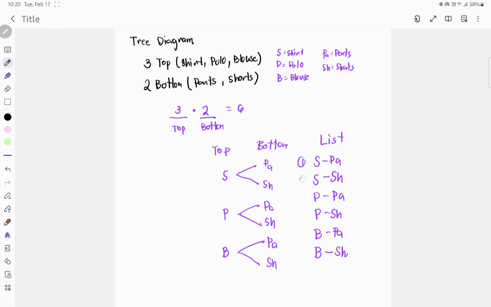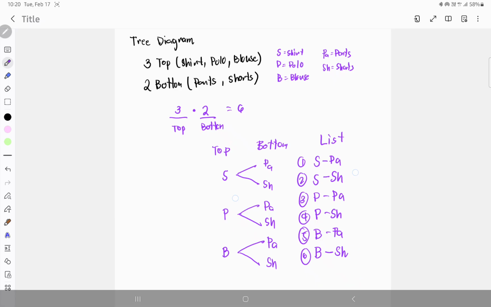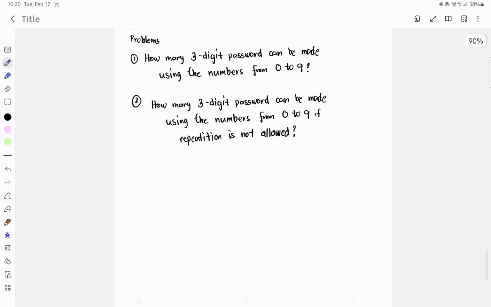When you count that, 1, 2, 3, 4, 5, and 6. So that's how many combinations of outfit you can create. That's how it works. Now let's look at another problem.